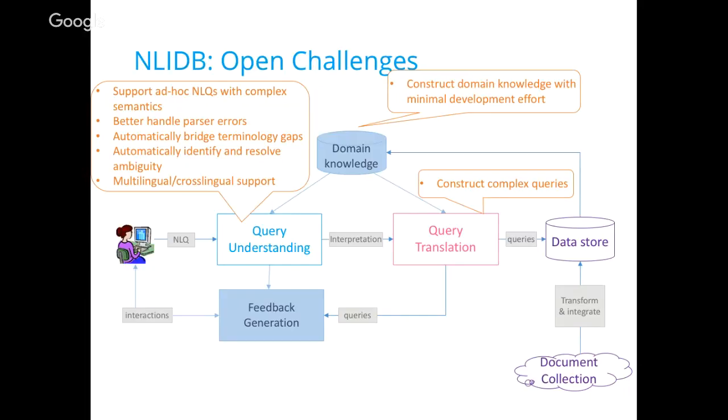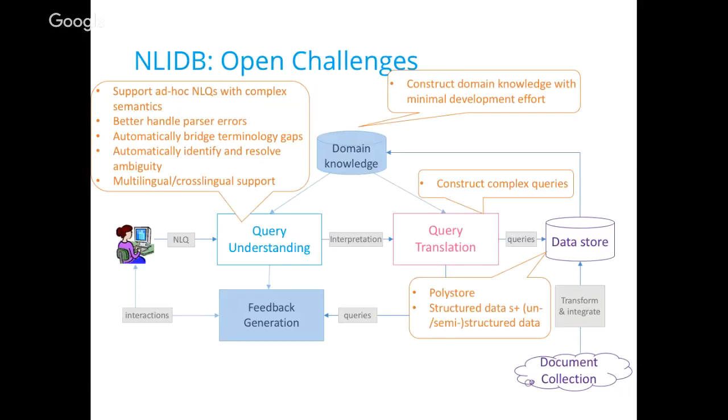And right now, most of the systems can only handle relatively simple types of queries, not exactly what a human expert would be able to construct. So some of the challenges need to come from the query translation side. Then from the data store, as I already mentioned, we want to support a polystore. We want to combine structured data together with unstructured and semi-structured data.